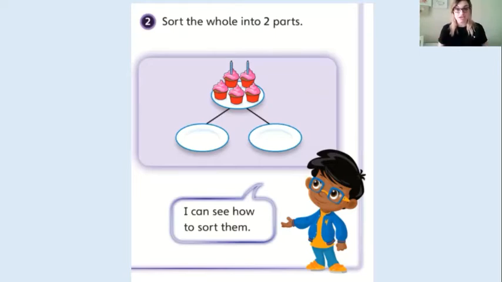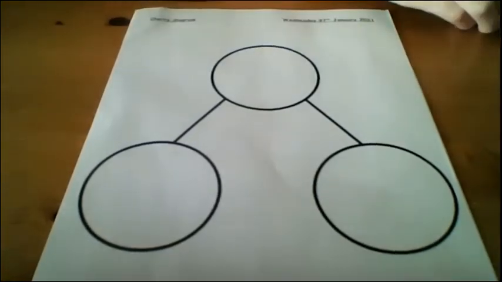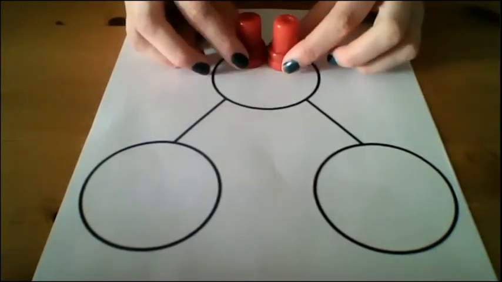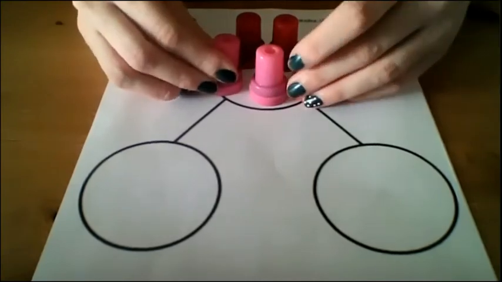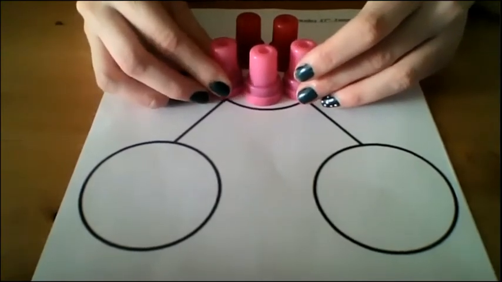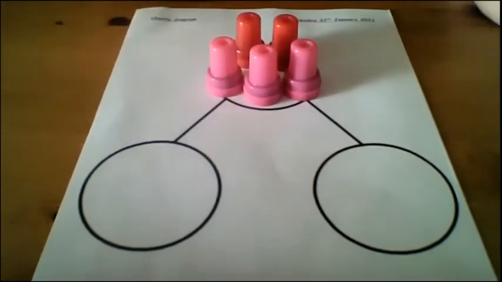So again, you'll need your cherry diagram. And this time, instead of having 4 as the whole, we will need 5 as the whole. So here we are. Here are my 2 cakes that have got candles. And here are my 1, 2, 3 cakes that haven't got candles. So all together, I have got 1, 2, 3, 4, 5.